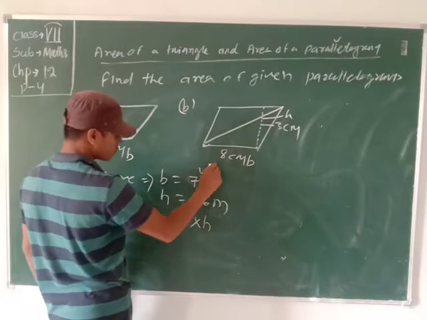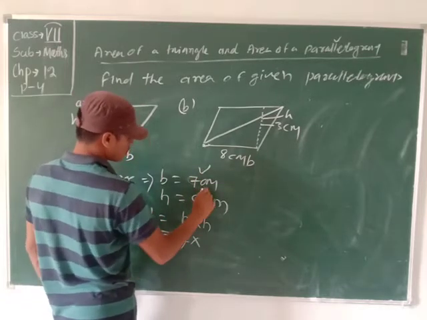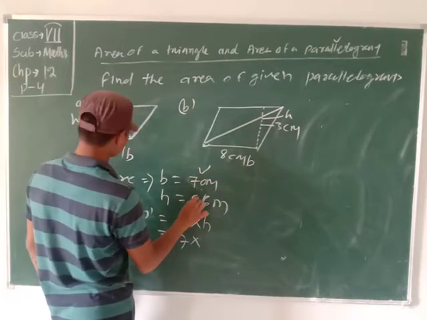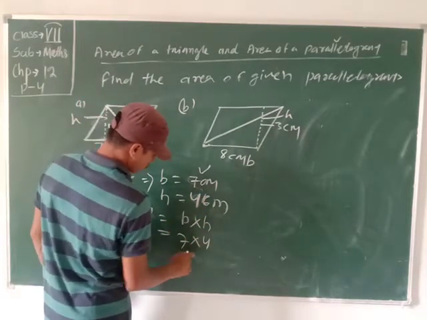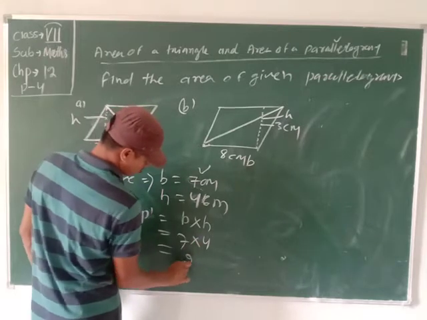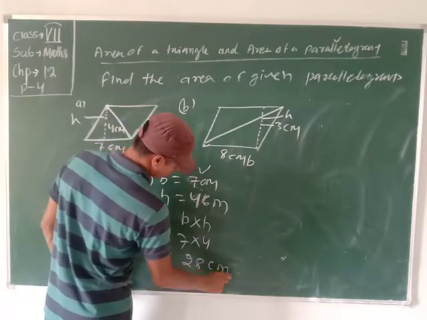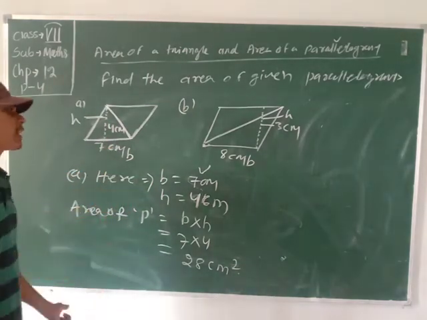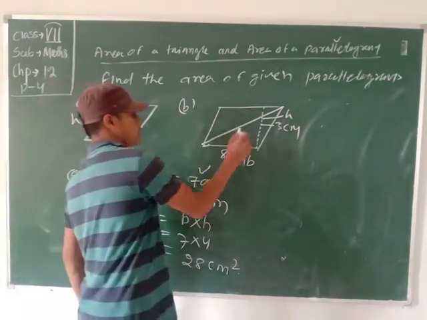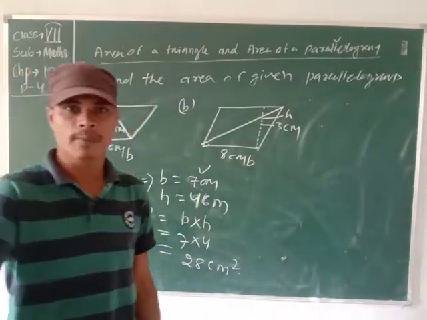That means base is 7 centimeter, height is 4 centimeter. Then 4 sevens are 28 centimeter square. Here how do we find it? Very easy. When we want to find the area of a parallelogram, we multiply its base and height.